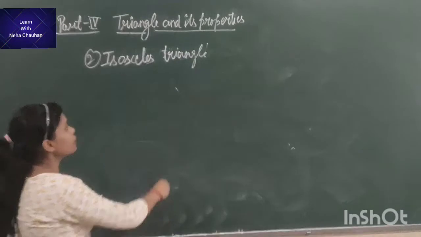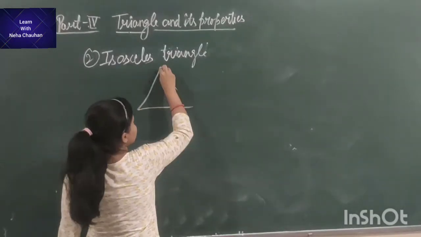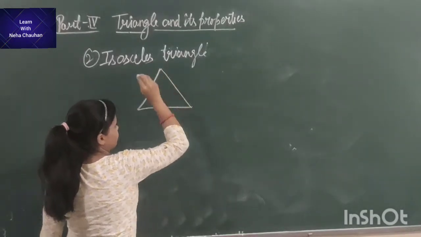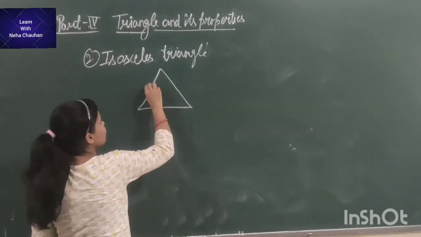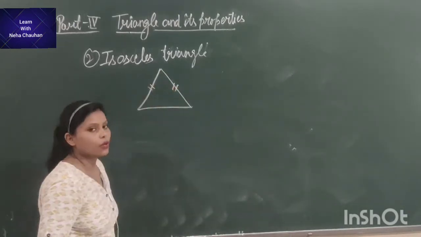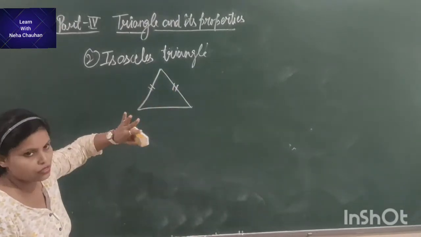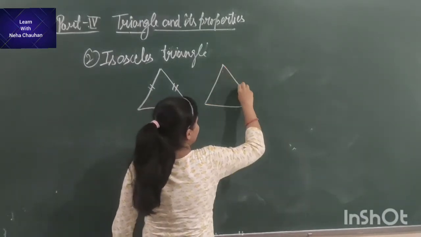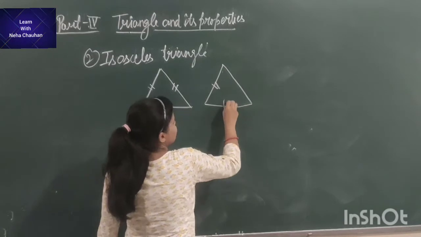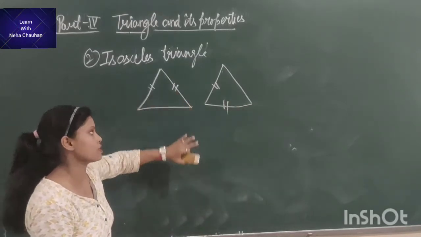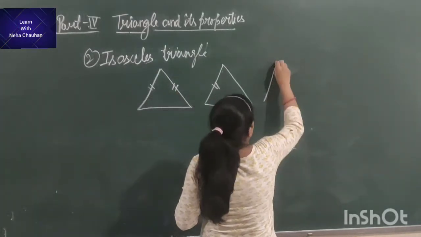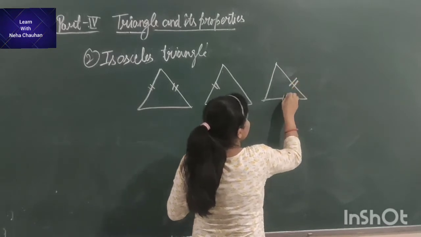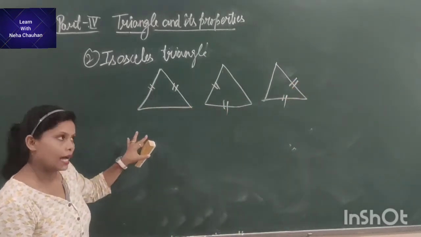Any triangle which has two sides equal is known as an isosceles triangle. This can be like this also. If these two sides are equal, then it is isosceles. If these two sides are equal, then it is also an isosceles triangle.